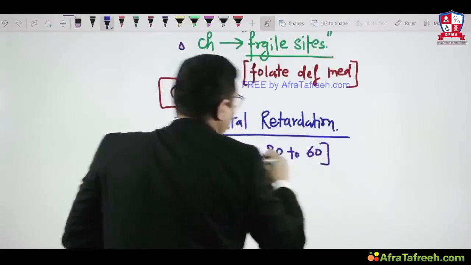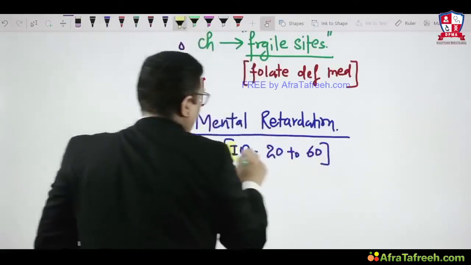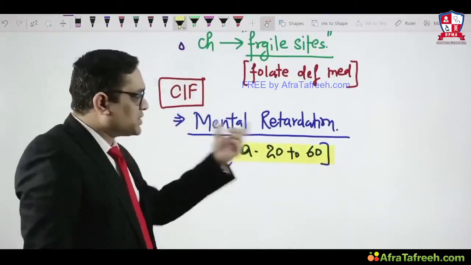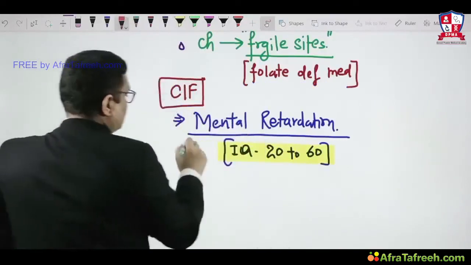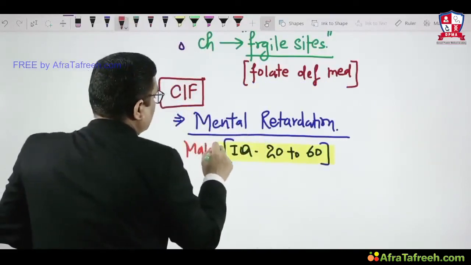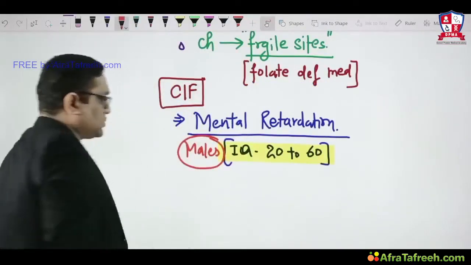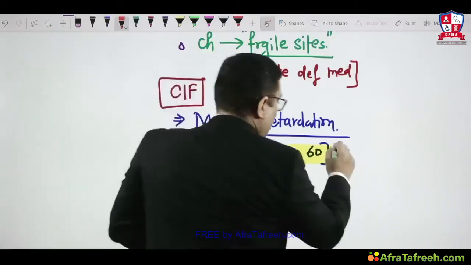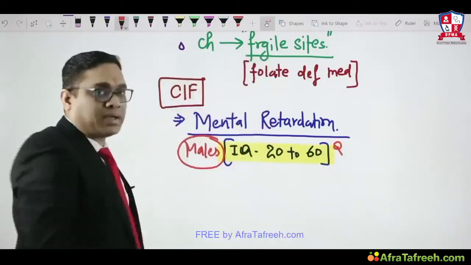This was a question in the All India exam: mental retardation will be in the range of 20 to 60 in males. See what I said in the beginning, they are X-linked recessive, so males are commonly affected. So that was a true statement. Males will be affected, IQ will be in the range of 20 to 60. This was the All India question this time, right?